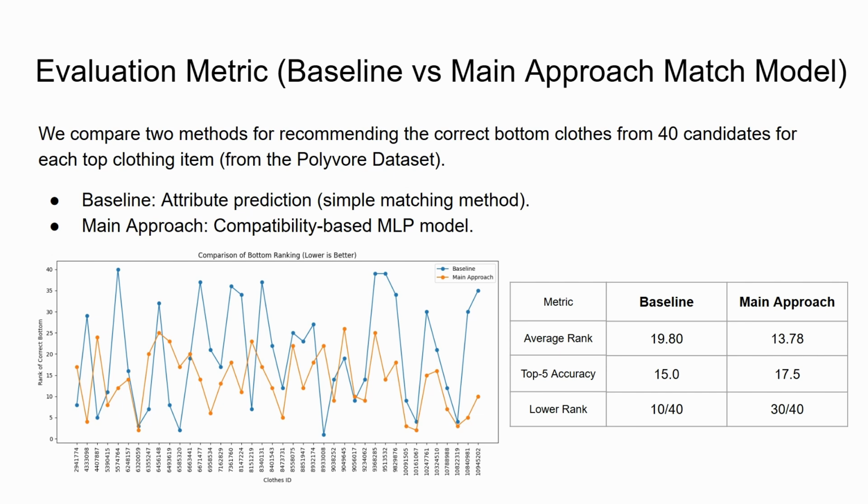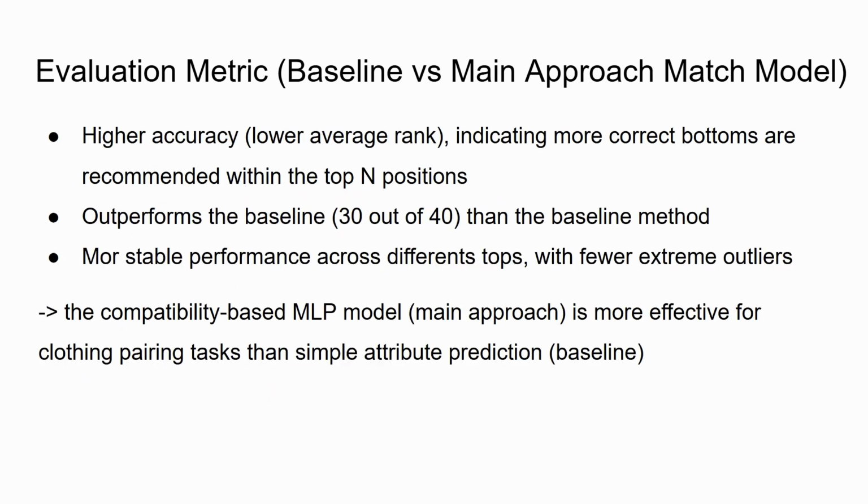On the right, you can see the comparison table, which shows several evaluation metrics. And in the line plot, the orange line represents the main approach, and you can see that it generally ranks lower across different tops.